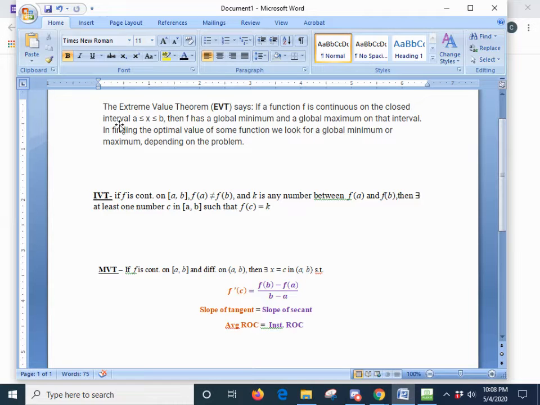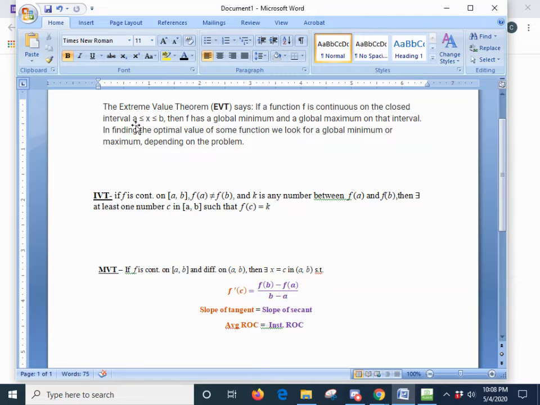So the first two lines is the extreme value theorem, basically saying that as long as our function is continuous, there's got to be the absolute highest y value, and there has to be an absolute lowest y value on that function. Even if it is a horizontal line, there is one max value and there is one minimum value, and they happen to be the same thing. Okay, so it has to do with the y value being less than or equal to everything else.